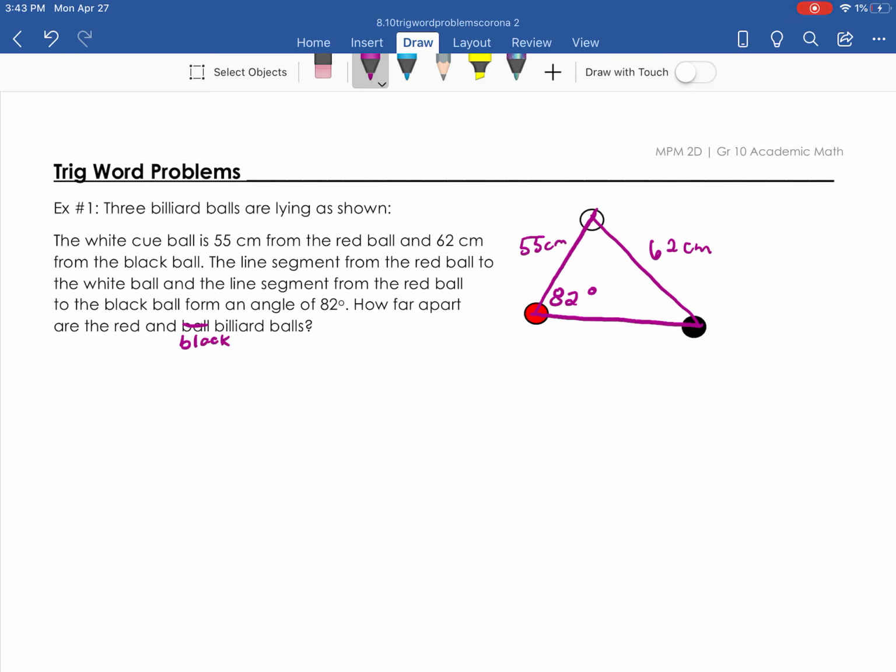Okay, so again, I would do the ABC and then label the opposite sides. And if we're looking for how far apart the red and black billiard balls are, then we're looking for side A.